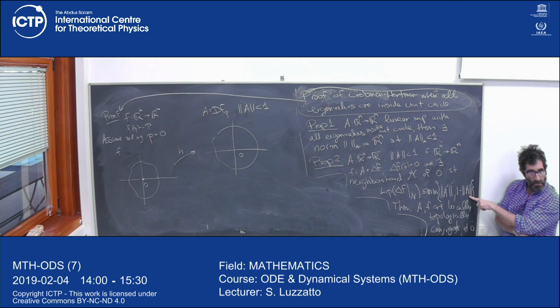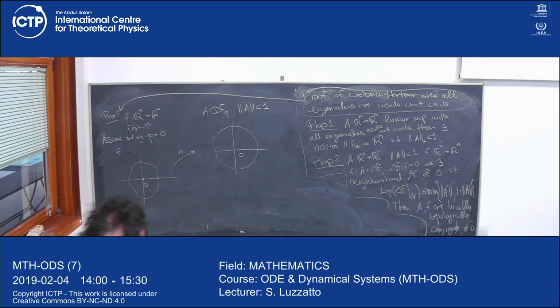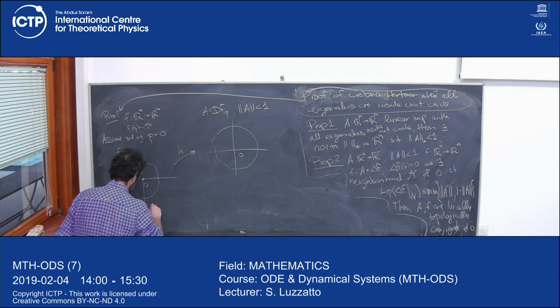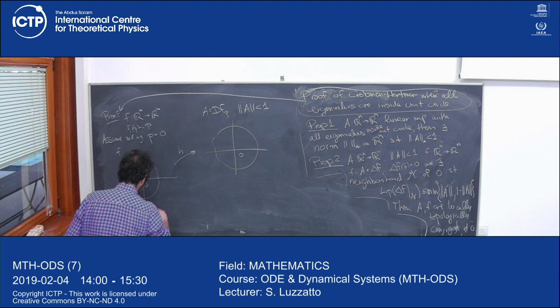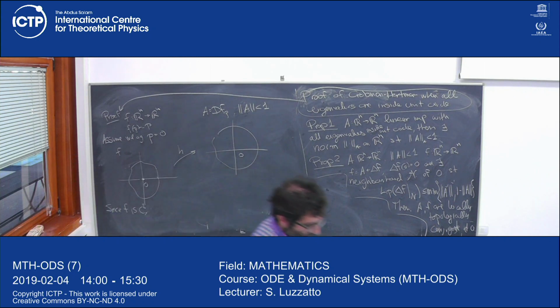It's differentiable, and so? I think we should use the definition of the derivative. Yes, so since f is C1 in a neighborhood, we can write it like this.